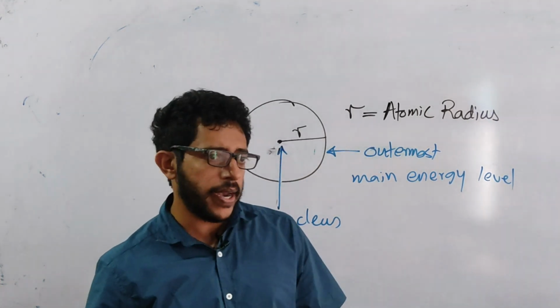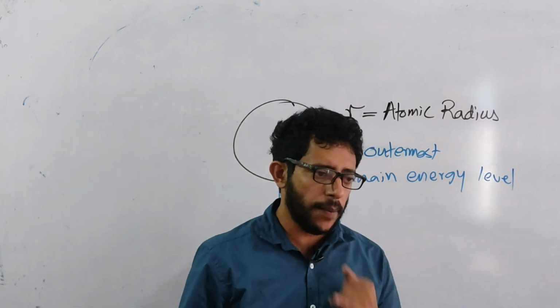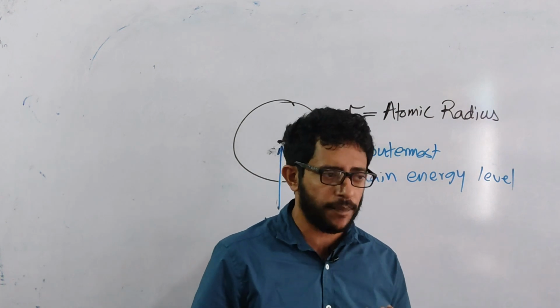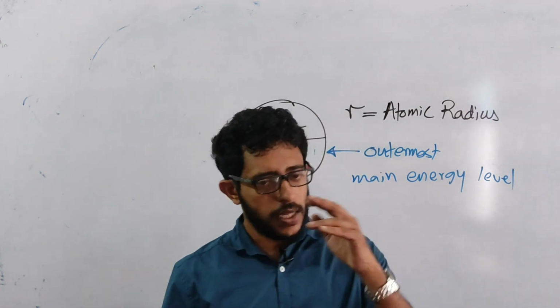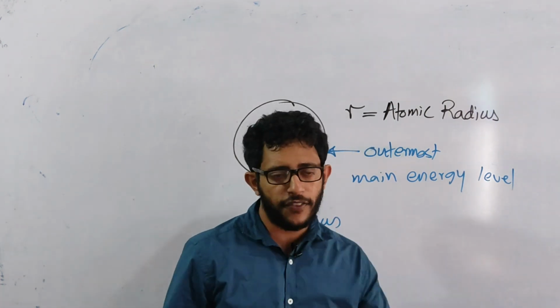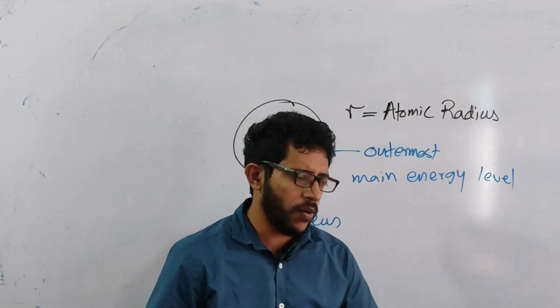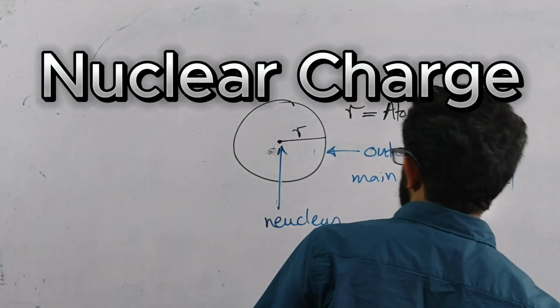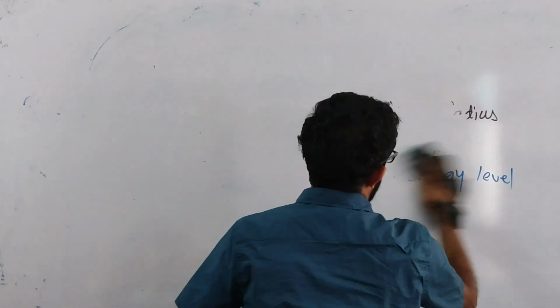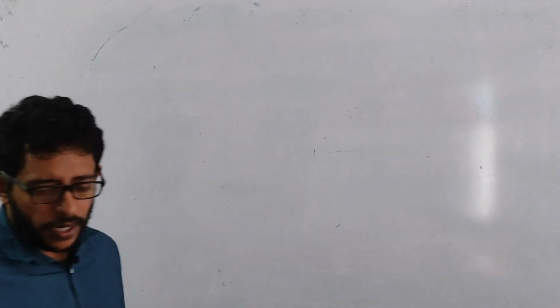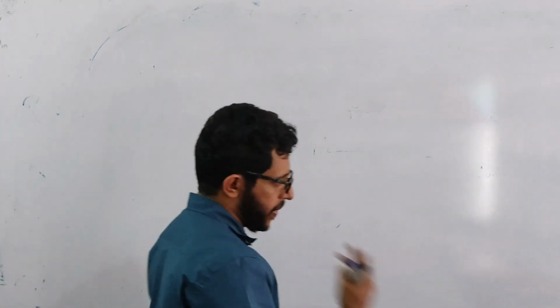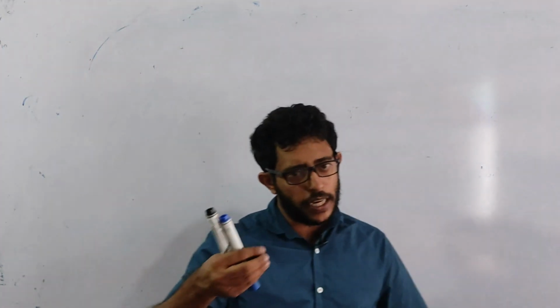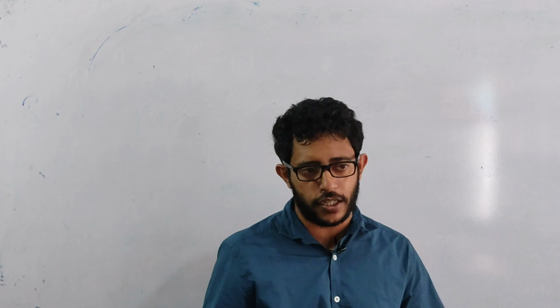So this atomic radius depends on 2 features. One is the nuclear attraction, or we call it nuclear charge. The second one is shielding effect. We'll see one by one what those features are. First one, nuclear attraction. What is nuclear attraction? The nuclear attraction or nuclear charge means the ability of the nucleus to attract electrons.